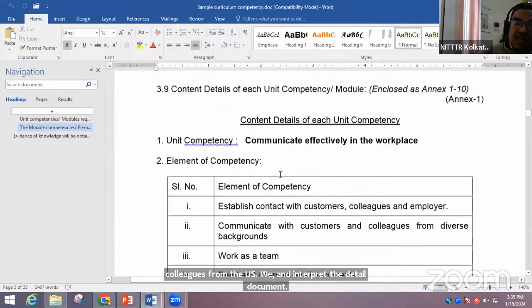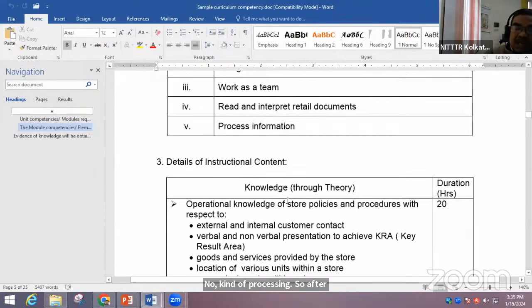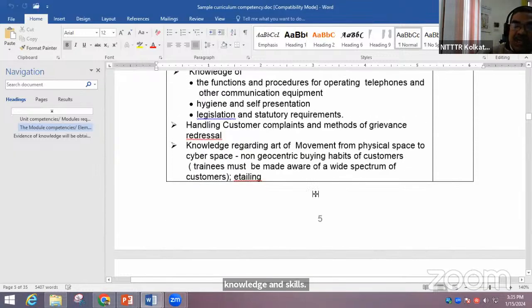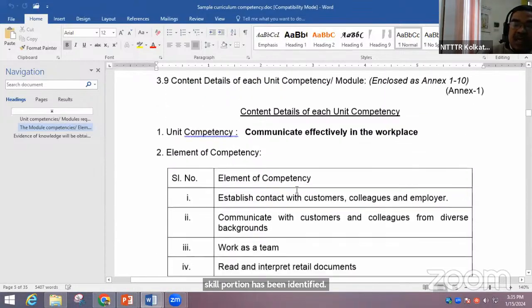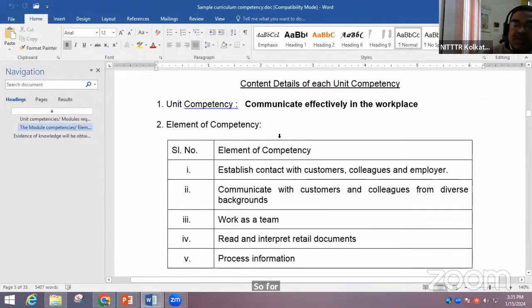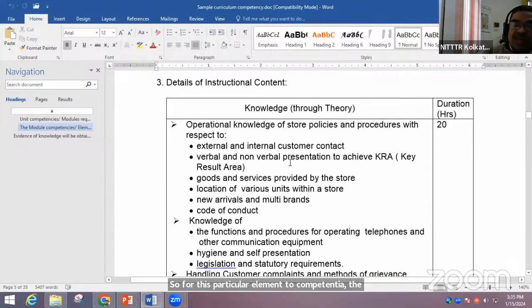After that, the related knowledge and skills, the theory portion and the skill portion, have been identified for each element or unit of competency, and the hours are also mentioned.